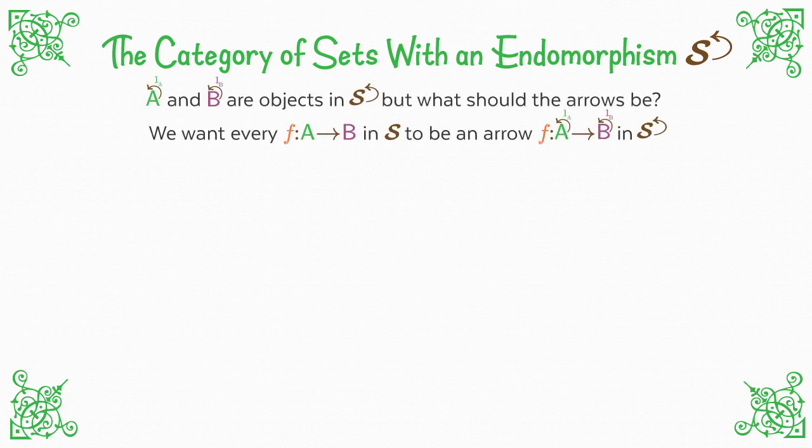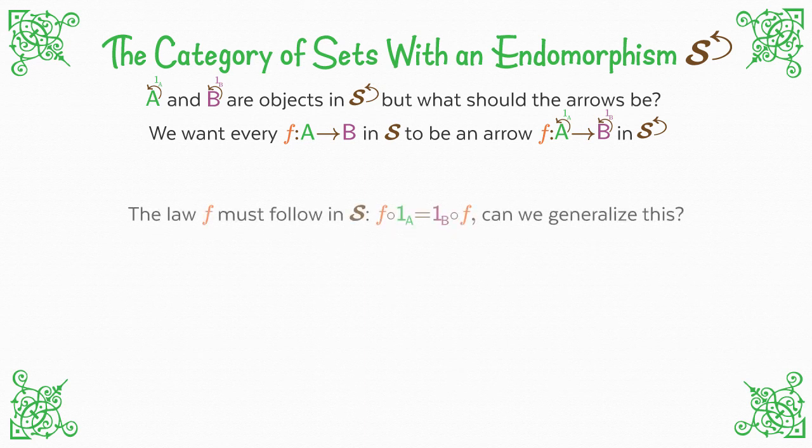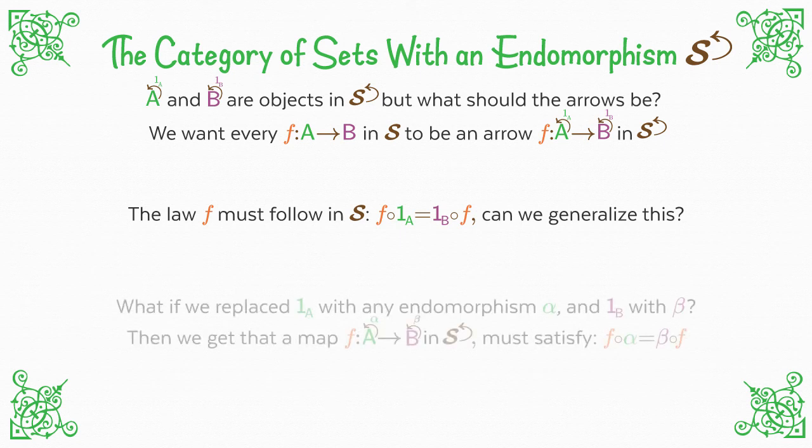If we take all the objects in Set and make them into an object in sets with an endomorphism, with the identity arrow as the endomorphism, then we want to say that any function f from A to B that was a function in Set is still a function f from (A, 1_A) to (B, 1_B) in sets with an endomorphism, right? That only makes sense. But what if we replace 1_A with any endomorphism alpha and 1_B with any endomorphism beta? Then what would be a valid map in this category? Well, let's take the identity laws and replace the identity functions there too.